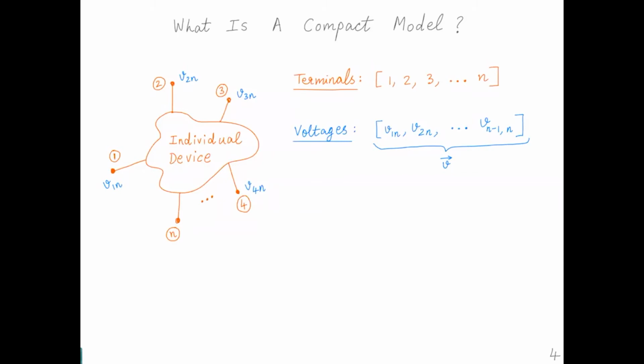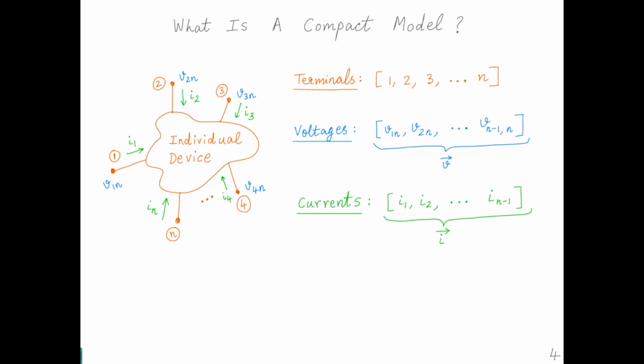So a device with n terminals has n minus 1 voltages, and you stick these voltages into a vector, which I'm just calling V. Now a device doesn't just have voltages, it also has currents. If you have n terminals, you have n minus 1 currents, because all the currents will add up to 0.